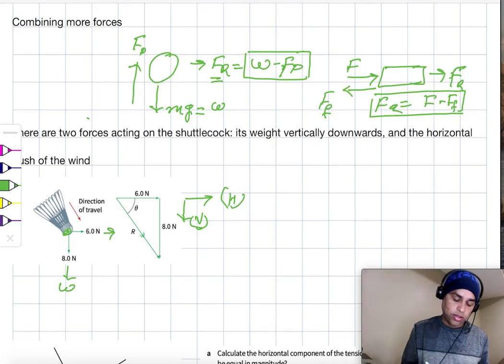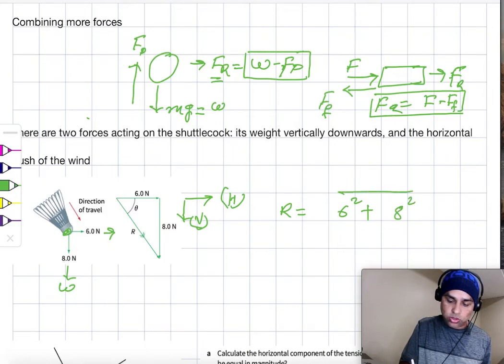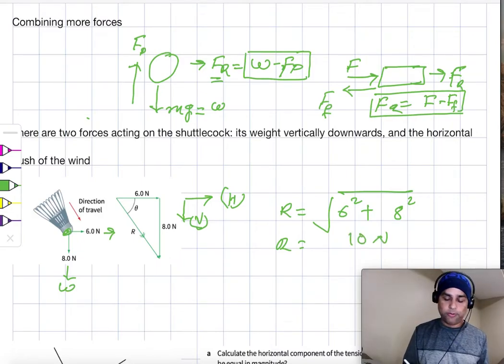Okay, we can combine using this. What is the resultant force? R equals the square root of 6 squared plus 8 squared, right? This is just the Pythagoras theorem. We can calculate R is 10 Newton here. And what is the direction? Theta is the direction from the horizontal force.